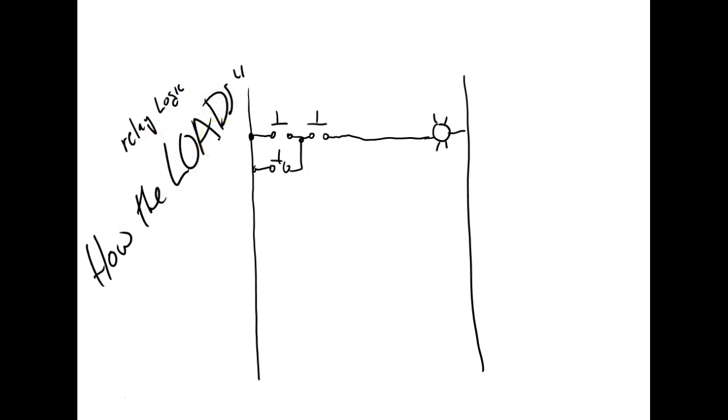How the loads are connected. It's nothing to do with the control devices. It's how the loads are connected. That's what determines if it's a series circuit or parallel circuit. It has nothing to do with the way you connect your switches.